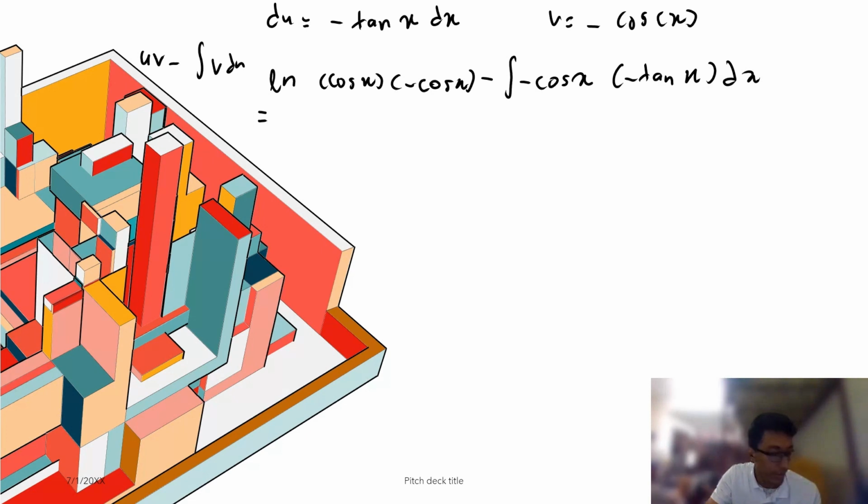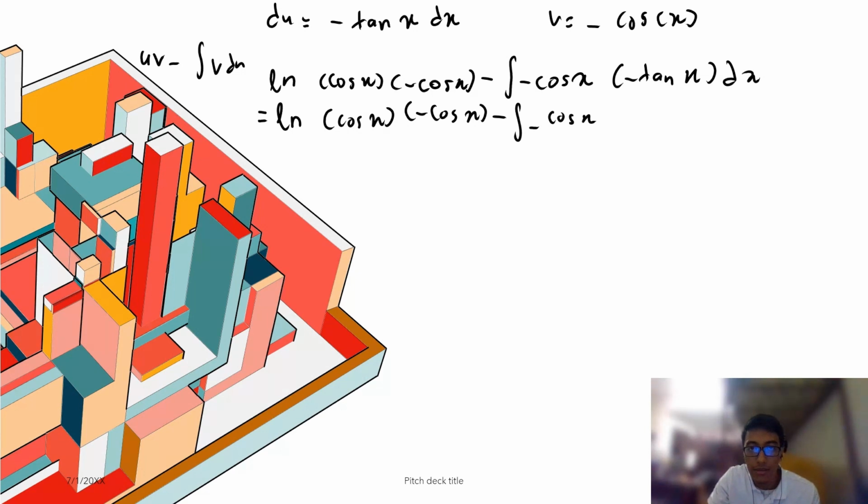So from here, ln cos x negative cos x minus integral cos x. Since this is cos and we want to simplify it, so just change the negative tan x to the earlier trigonometric form, that is sin x over cos x dx. So just cancel it.